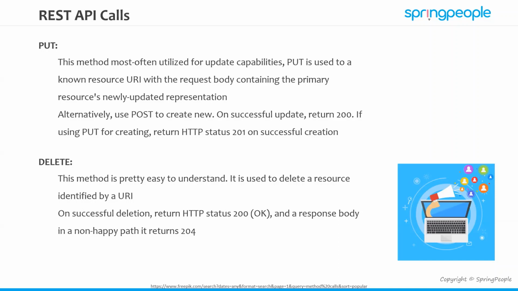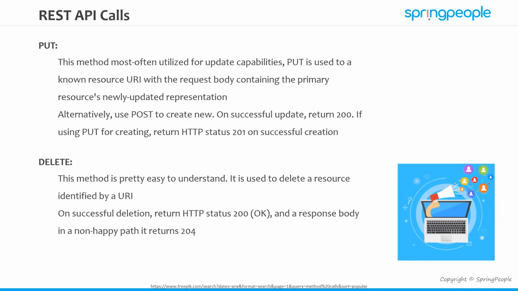So we create the master data using a post call, and then to add a category we update the master data, creating the category using a put call. So a put call can also be used as a creation activity, but then it should be part of the larger post call.